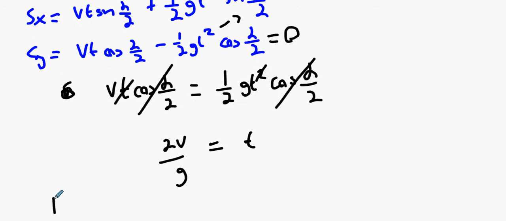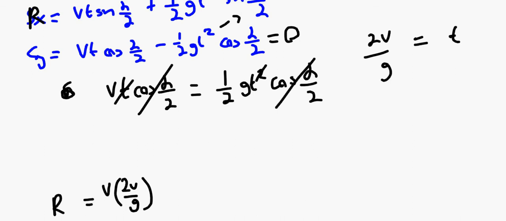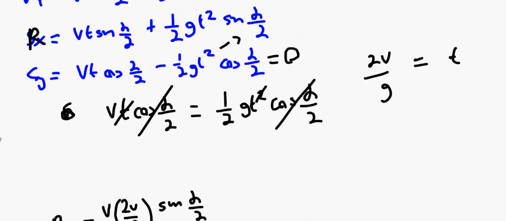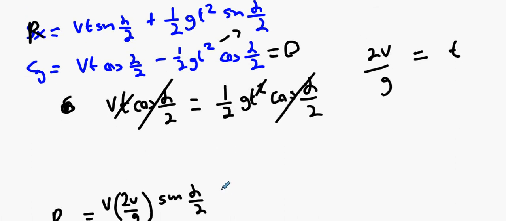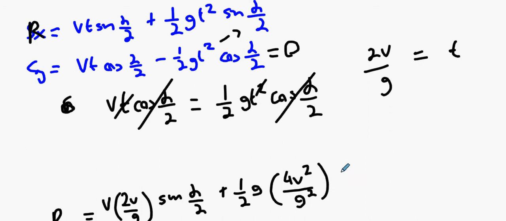So range, which is an Sx value, equals v times 2v over g sine alpha over 2, and then plus a half g. Now t squared is 4v squared over g squared, sine alpha over 2.